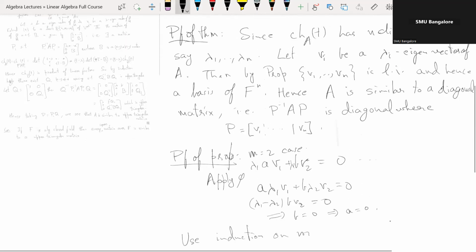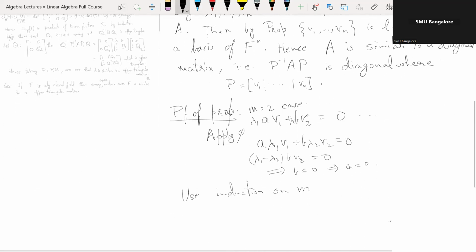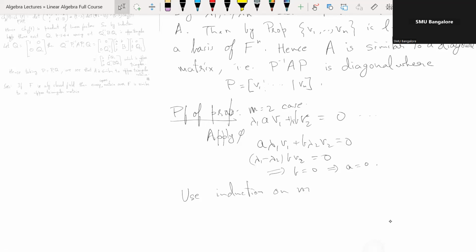That statement was with m, right? Induction on m. So let's suppose we have a condition that a1 V1 plus ... plus am Vm is 0. We want to prove that it's linearly independent, so we'll have to show that all the ai are zero.